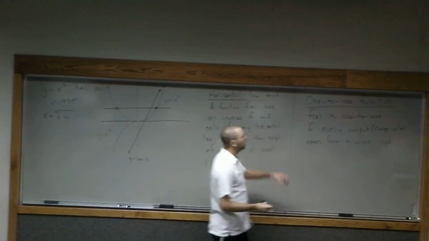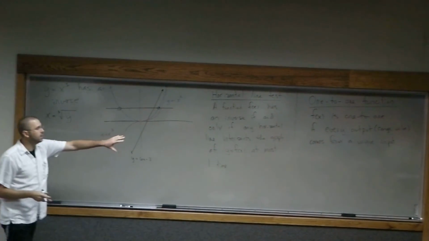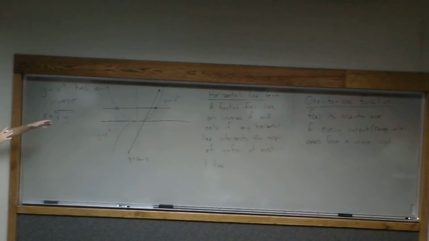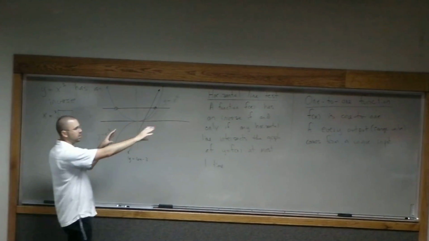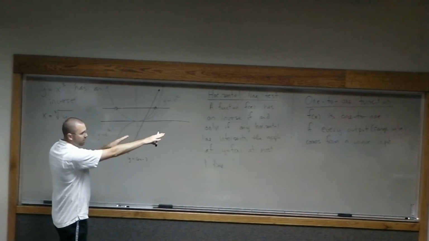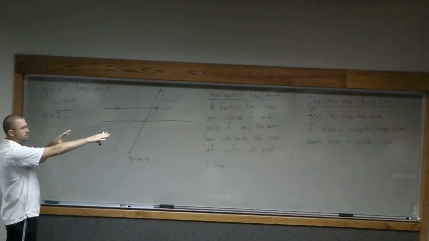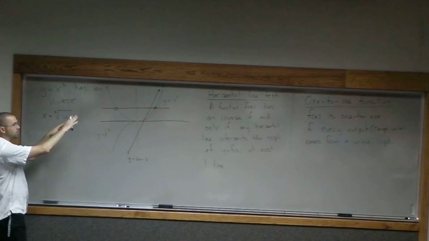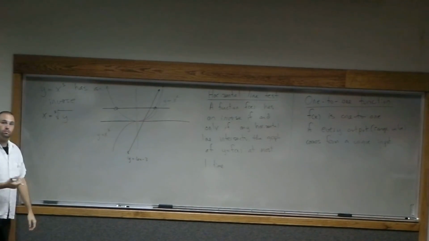So this notion of one-to-one can be interpreted in terms of the graph as this horizontal line test. This horizontal line test is just translating this mathematical definition of what a one-to-one function is into a picture that we can view.